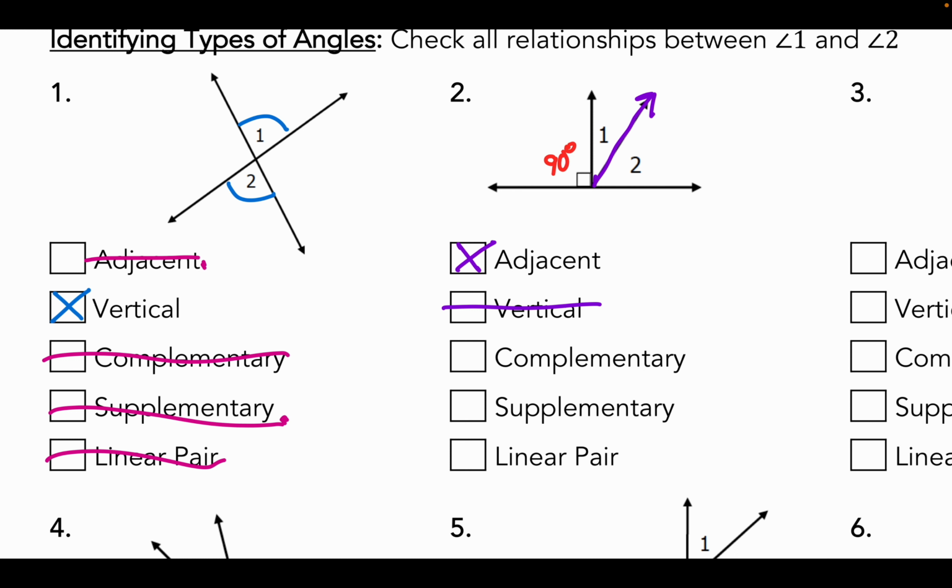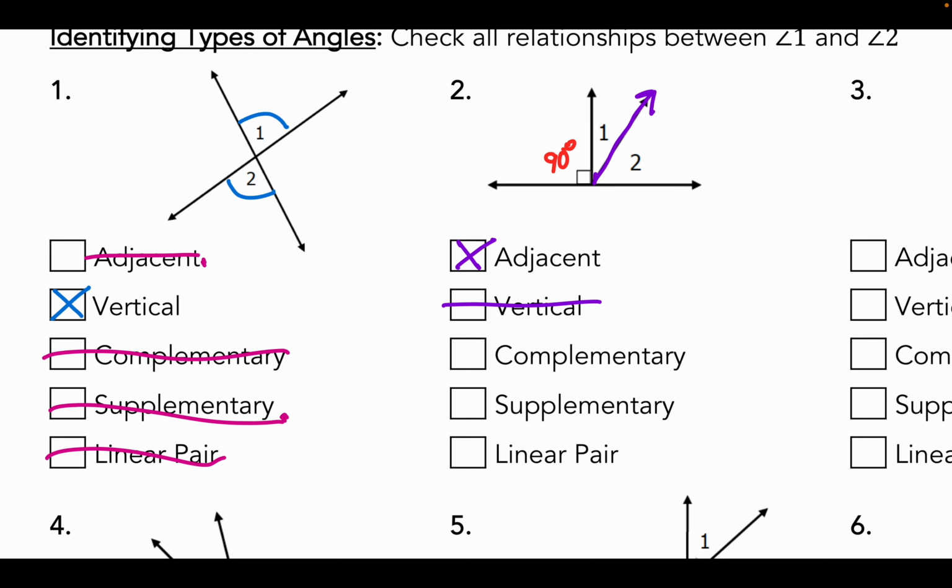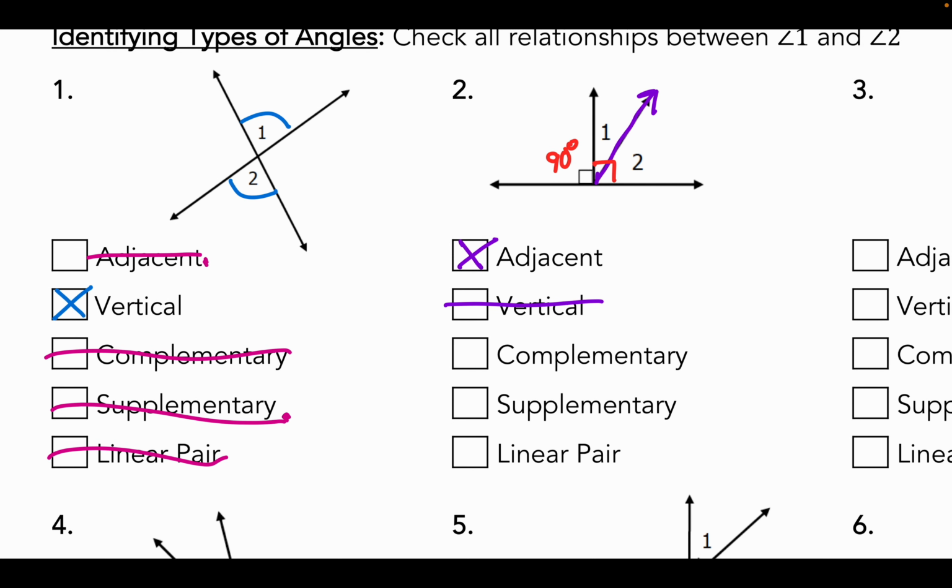And because angles 1, angles 2, and this right angle form a straight angle, this side over here is also a right angle, 90 degrees. So angles 1 and 2 are complementary. And because they are complementary, they are not supplementary, and they are not a linear pair.